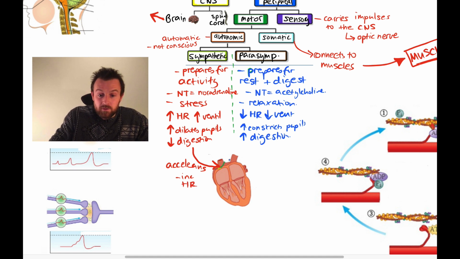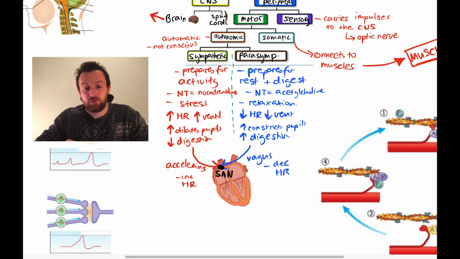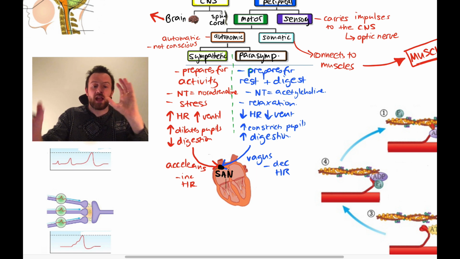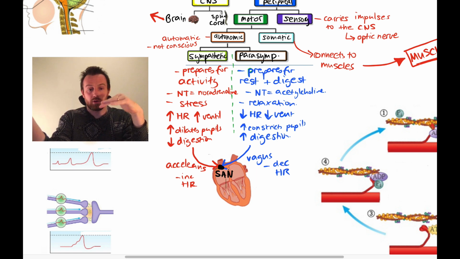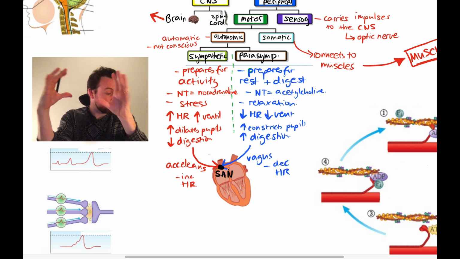And on the other side, we've got the vagus nerve, which decreases heart rate. And both of those two things work by modulating the activity of the SAN, the sinoatrial node, which you should remember from year 12, and they act to kind of speed up or slow down the heart rate.